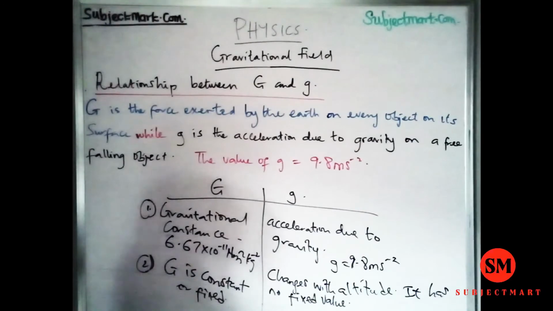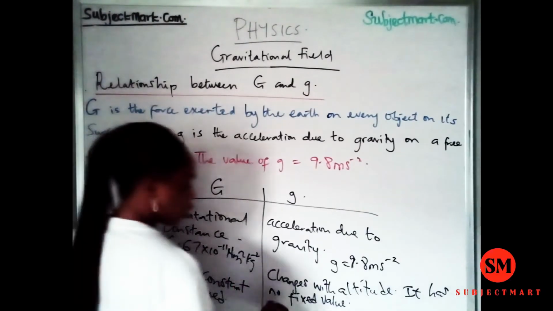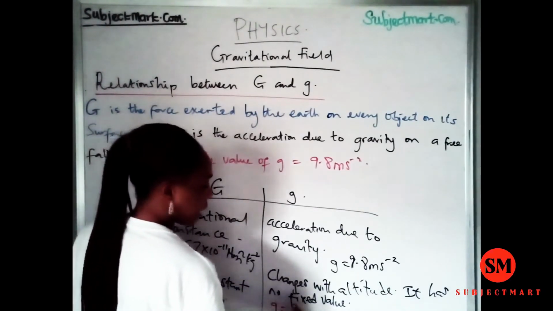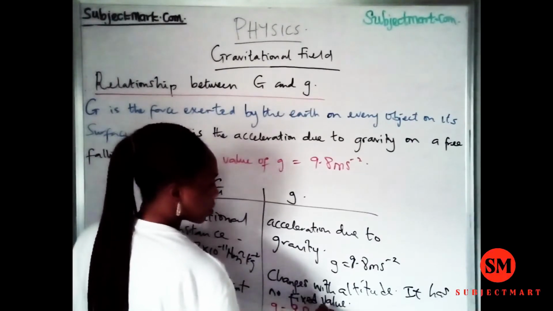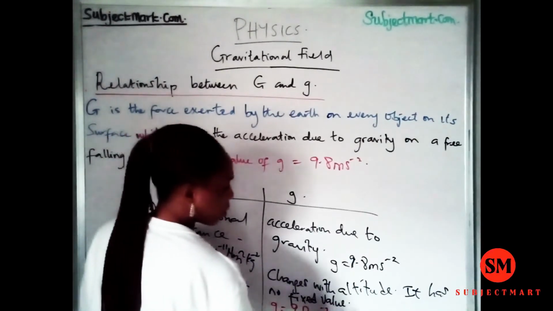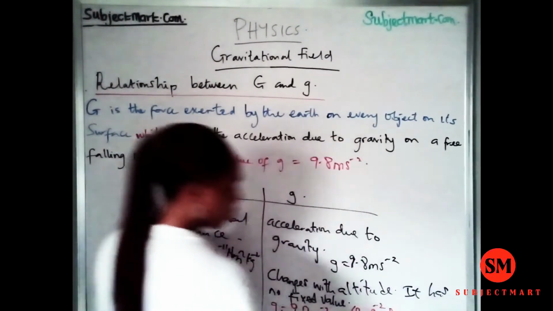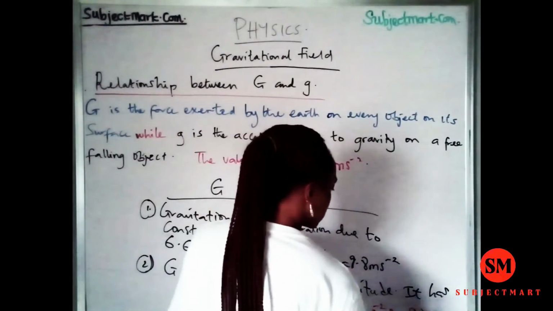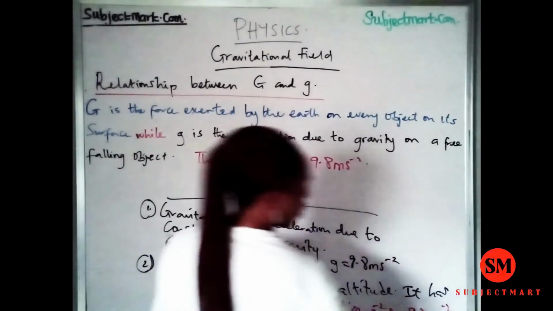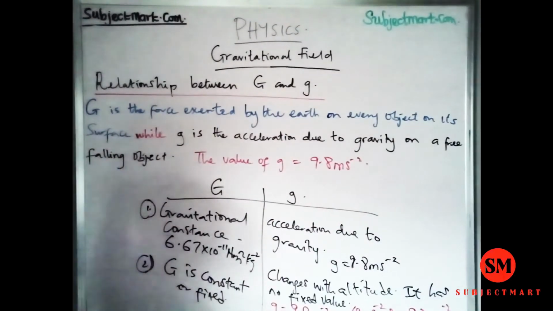Which explains why at times you have your g equal to 9.7 meters per second squared, or you have it as 10 meters per second squared, or 9.8 meters per second squared, or 9.9, and so on and so forth.